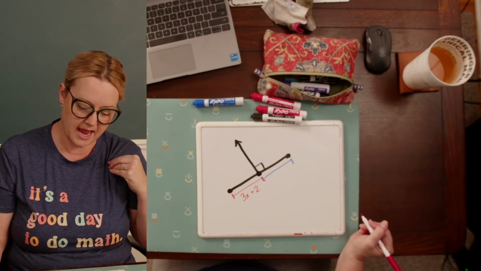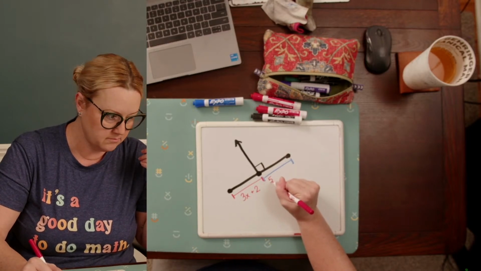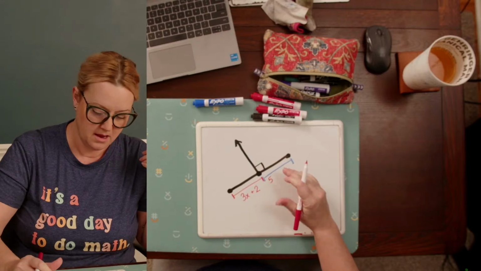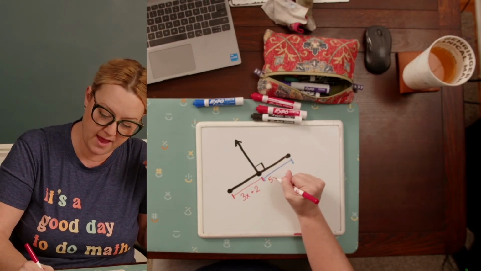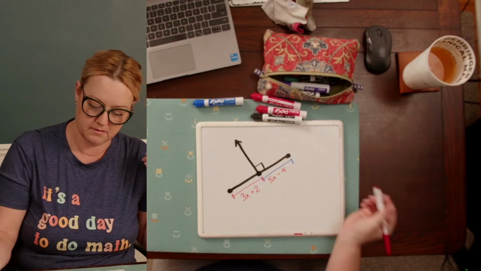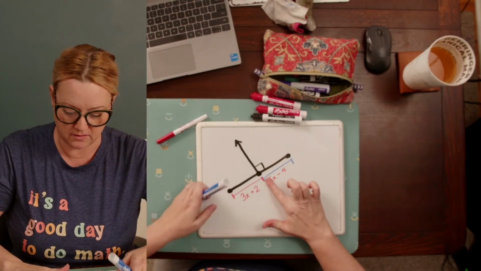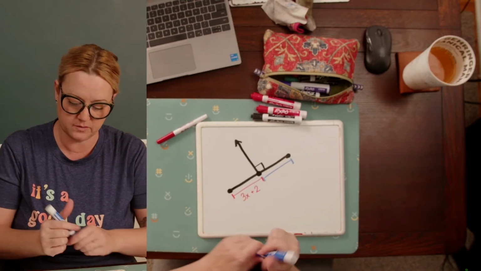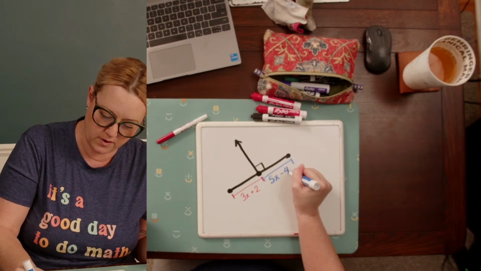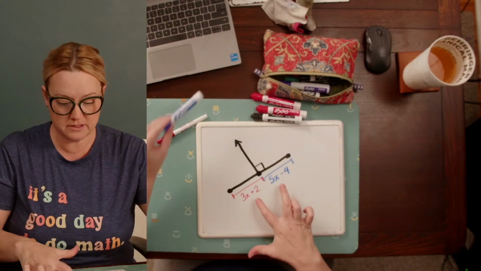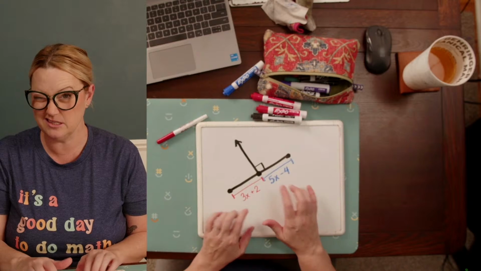And I could say that this segment is, let's see, 5x minus 4, okay? So what this is saying, actually, I meant to do this in the blue marker. Let's say this one is 5x minus 4.